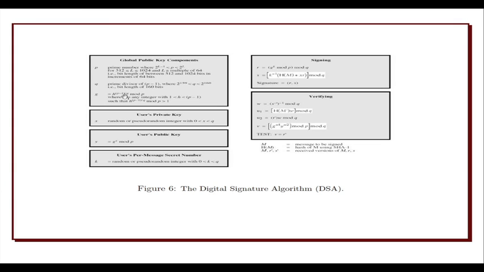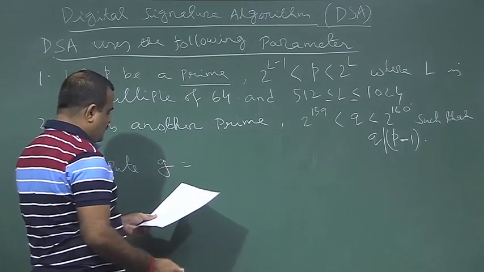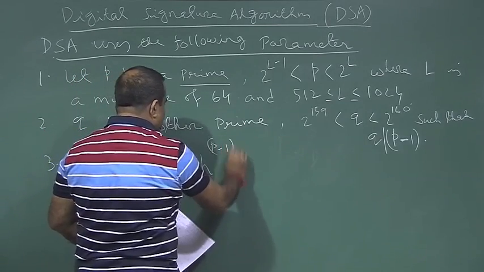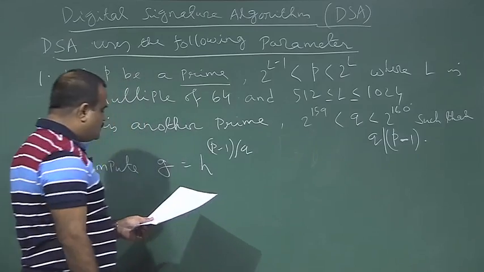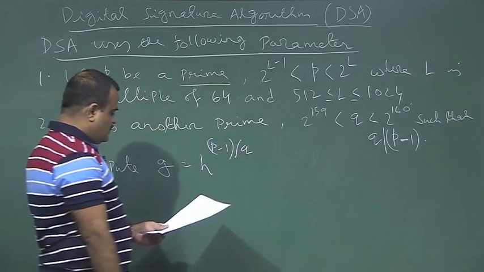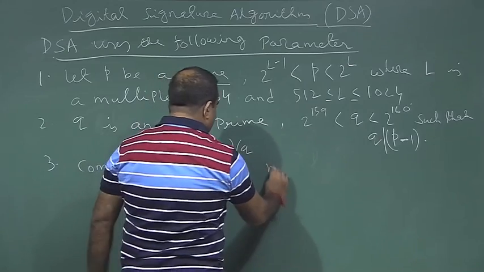Here h is an integer in this range: we choose h to be greater than 1 and less than p minus 1. So g is calculated as h to the power (p minus 1)/q, mod p. That is why we need q to divide p minus 1.